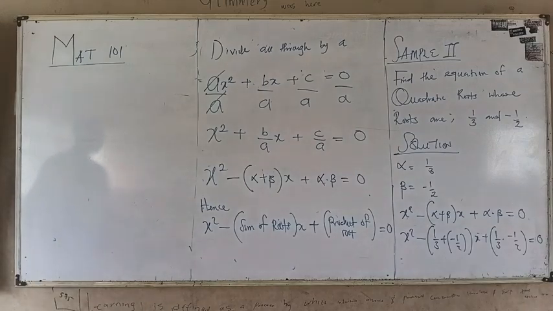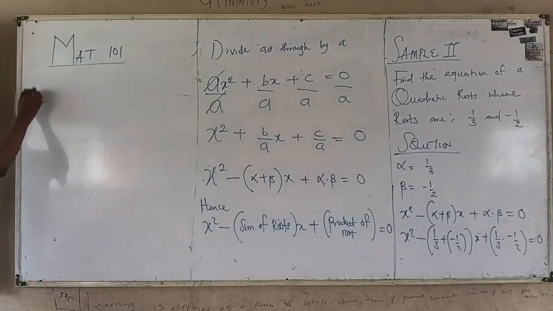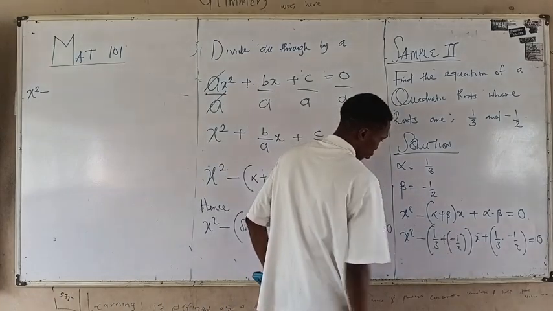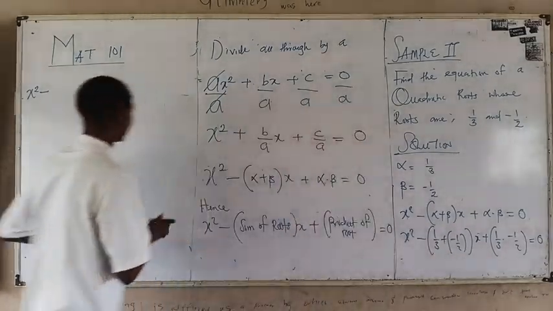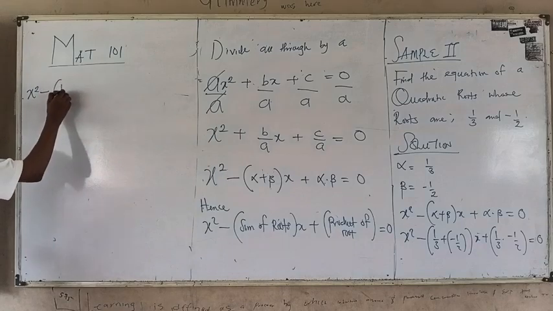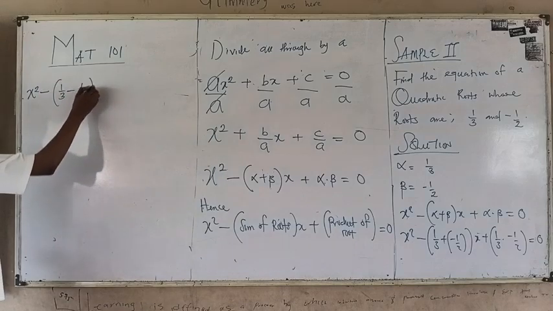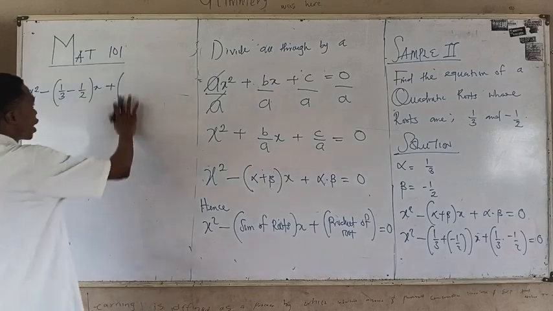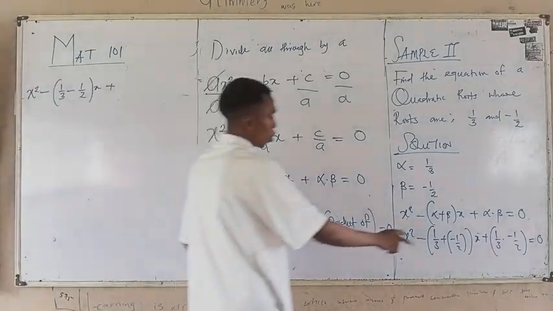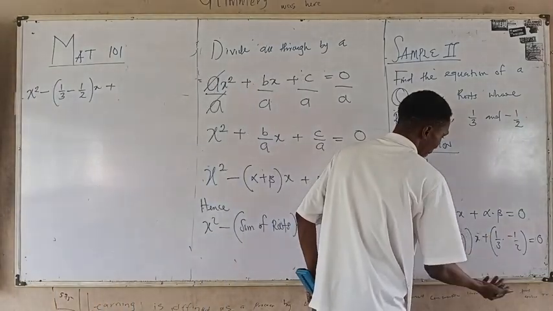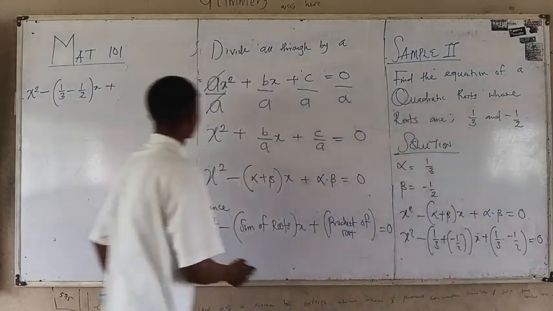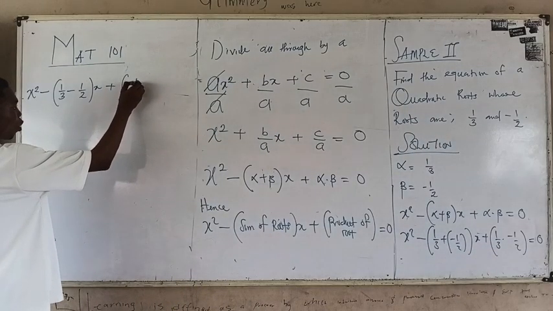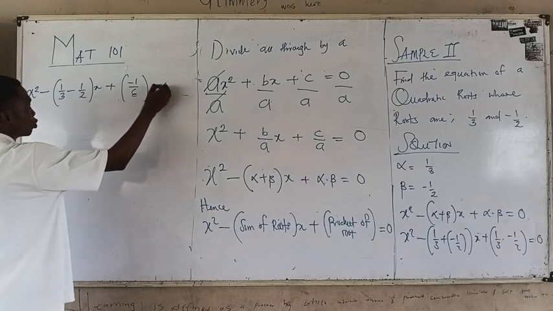So what do I have? x squared, if you look at this carefully, plus times minus. So I will have 1 over 3 minus 1 over 2, then x. Then we have plus. When you multiply, 1 times minus 1, 3 times 2, 6. So here will be minus 1 over 6 equals to 0.